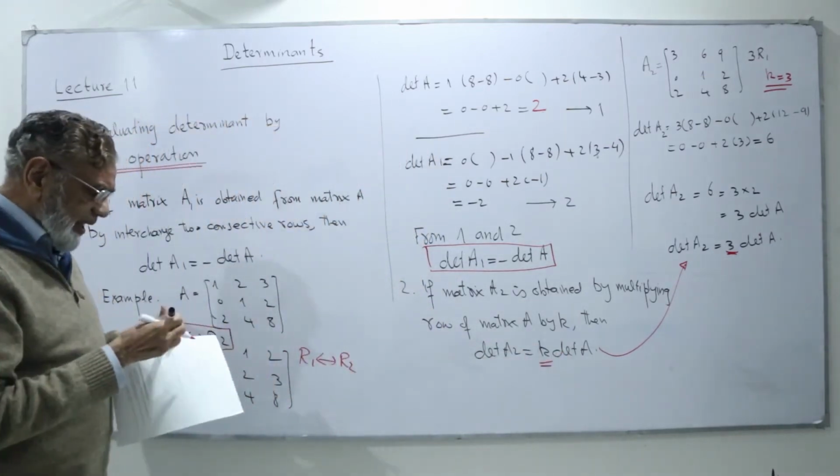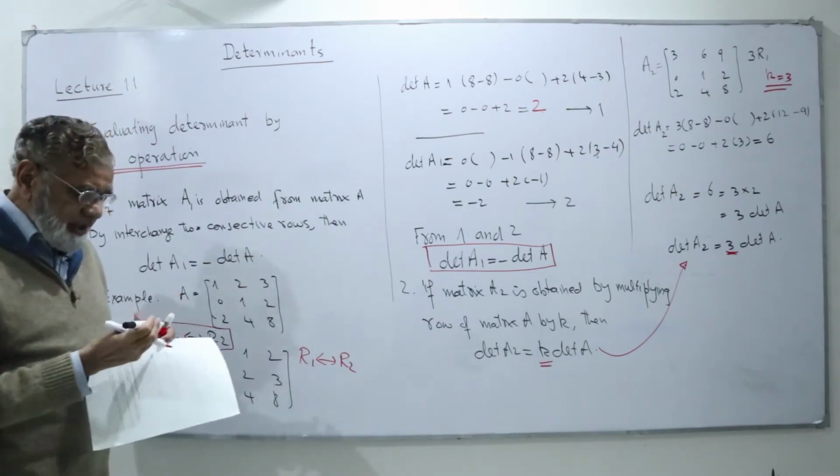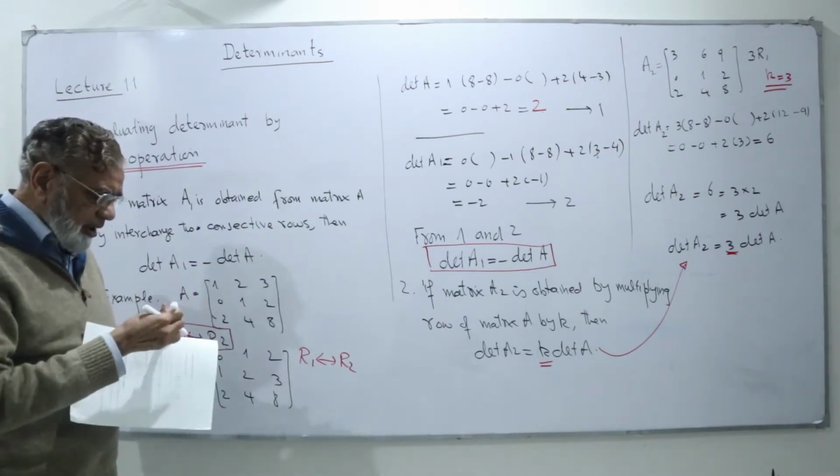Number 3 is that if we multiply a row with a number and add it to another row, the value of the determinant does not change.